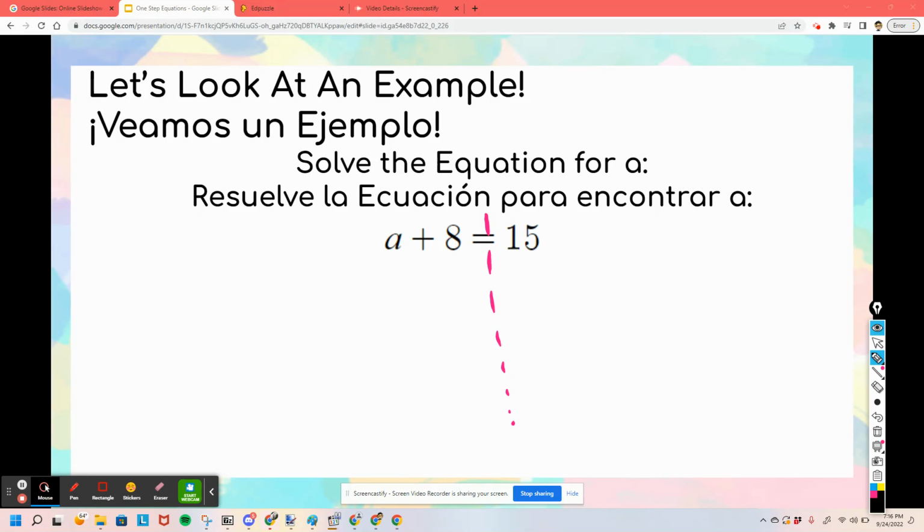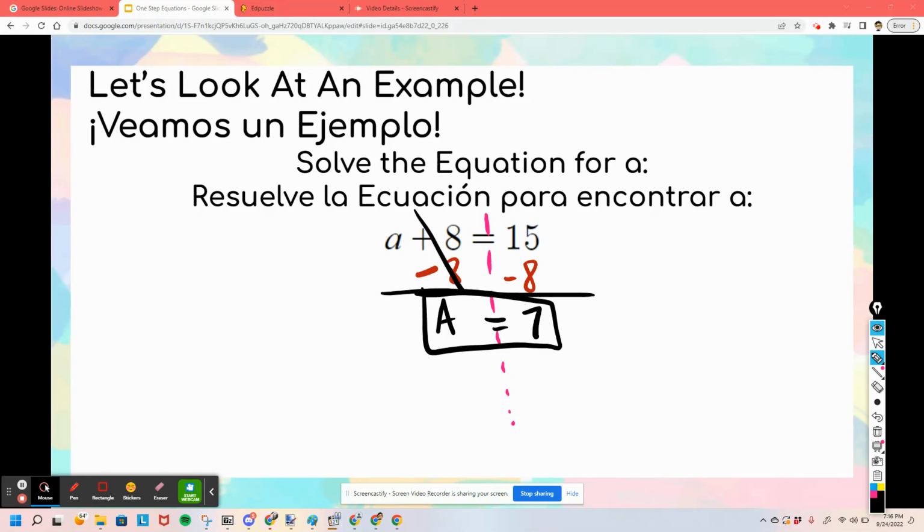Opposite of addition, subtraction. So I am going to subtract 8. Whatever I do to one side of this line, I got to do to the other. So when I do that, 8 minus 8 is 0, and I'm left with a equals 7. That is my final answer.